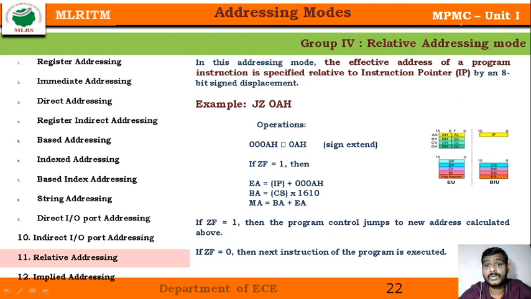If my zero flag is set, I go to some address location, 0A. That is the meaning of JZ 0A. The effective address of this instruction is specified relative to the instruction pointer by an 8-bit displacement. That is the relative addressing mode.